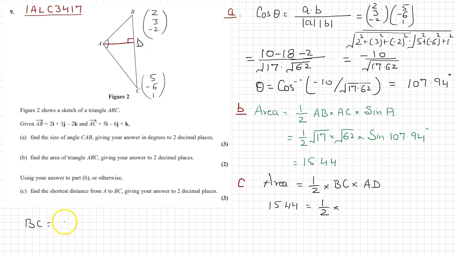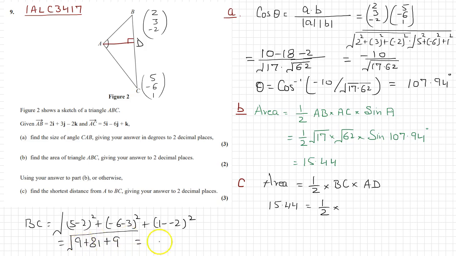BC is equal to root of 5 minus 2 square plus minus 6 minus 3 square plus 1 minus 2 square. So this is 3 square, 9. This is 9 square, 81. And this is 3 square, 9.